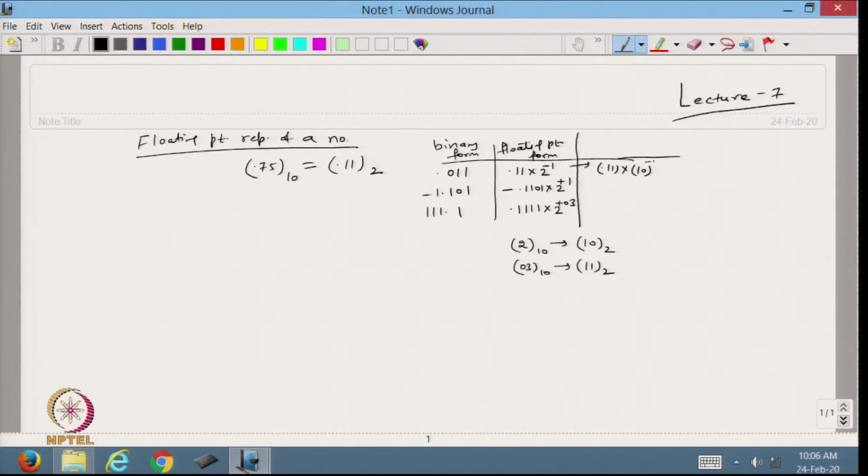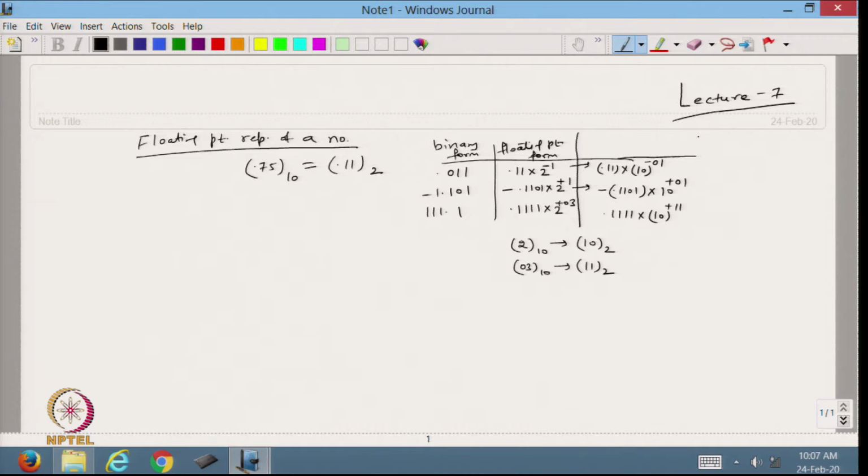So this can be written as -01, the second number as 0.1101 multiplied by 10 raised to power plus 01, and the third as 0.1111 into 2 raised to power plus 3, which means 10 raised to power 11. That is the representation of a floating point number in binary form.